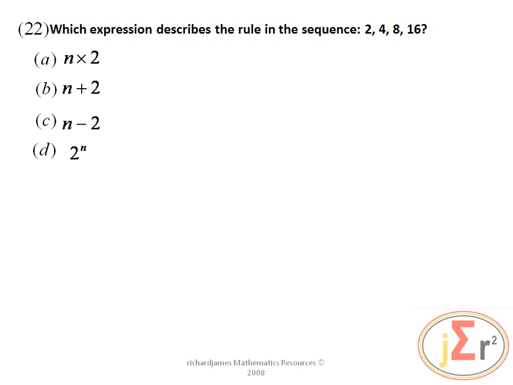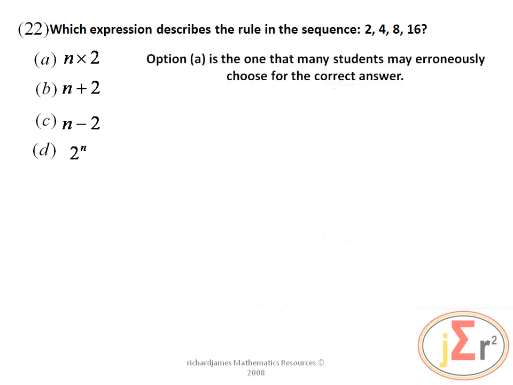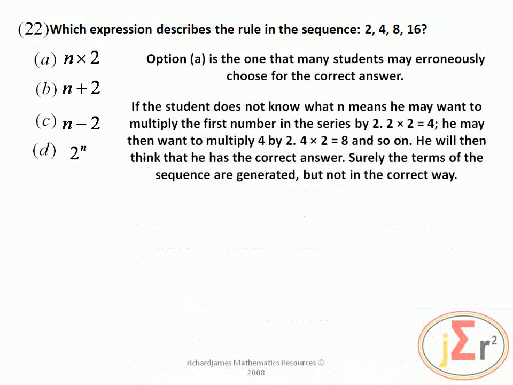Which expression describes the rule in the sequence 2, 4, 8, 16? Option A is the one that many students may erroneously choose for the correct answer. If the student does not know what n means, he may want to multiply the first number in this series by 2.